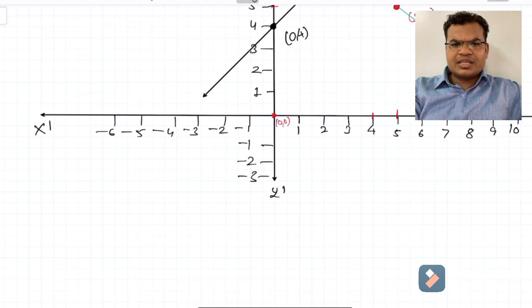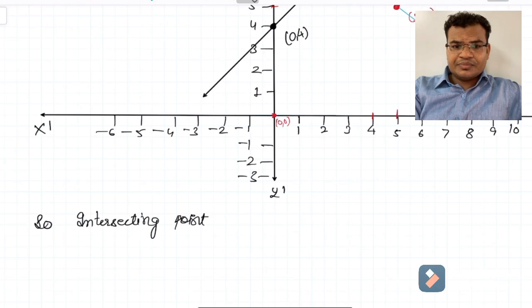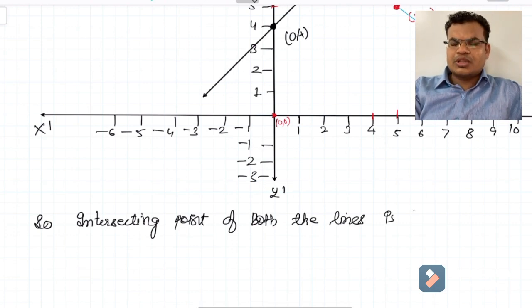So where the points are intersecting, that will be your answer. Right, so you can say when the intersecting lines are here, x comma y equals 3 comma 7, so the intersecting point will be your solution. This is the important thing, okay, and this is called the unique solution. So intersecting point of both lines is the solution, that is 3 comma 7.